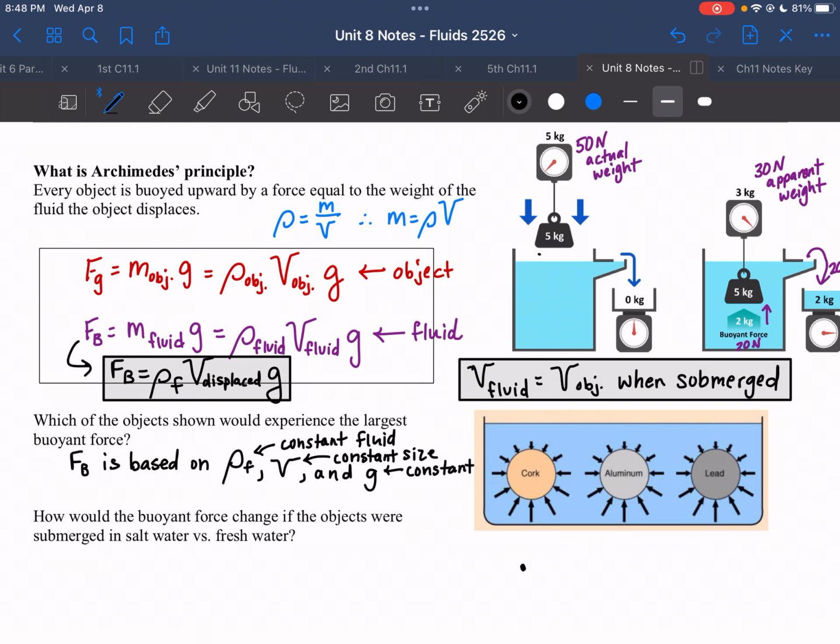We're on the same planet. So if all those variables are the same and they are all fully submerged, that means that they should all have exactly the same buoyant force.